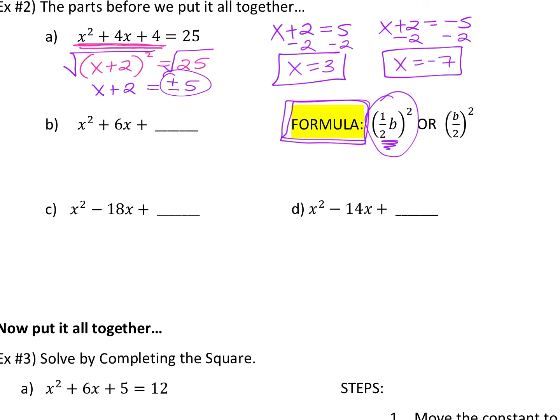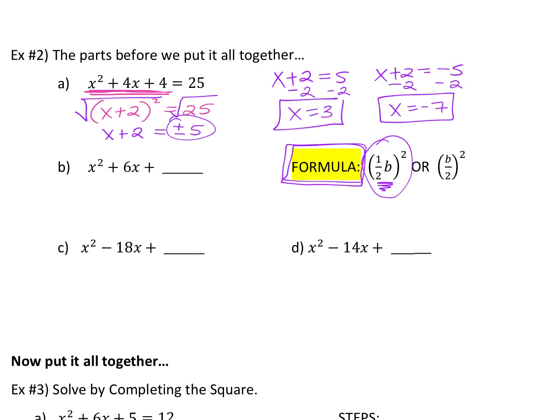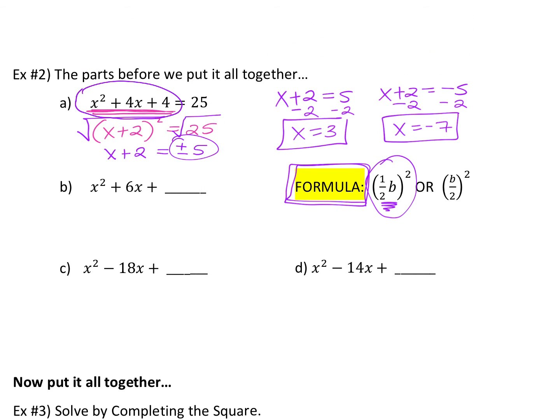If we want to complete the square, we want to get a perfect square trinomial in our problem. If I have these numbers and I'm trying to get a perfect square trinomial, I need to figure out what perfect square goes right here. The way we do that is with that formula. So I'm going to do 1/2 of b.